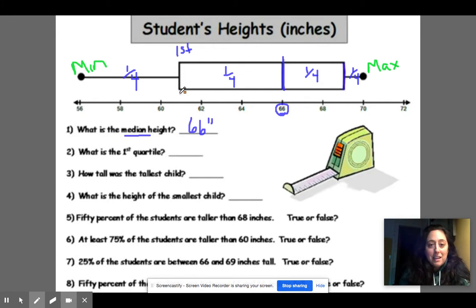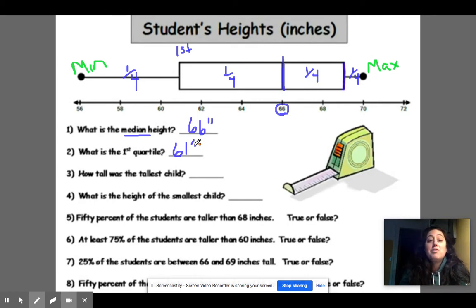I see that it looks like it's between 60 and 62, maybe about 61. It actually looks a little closer to 60, so maybe 60.5. I'm kind of estimating a little bit here.